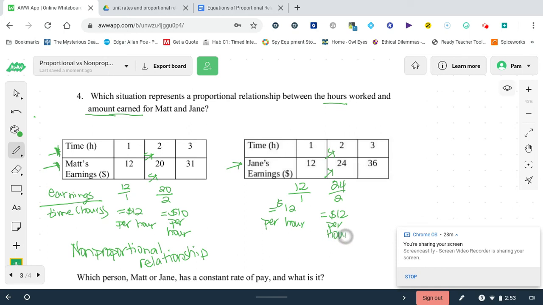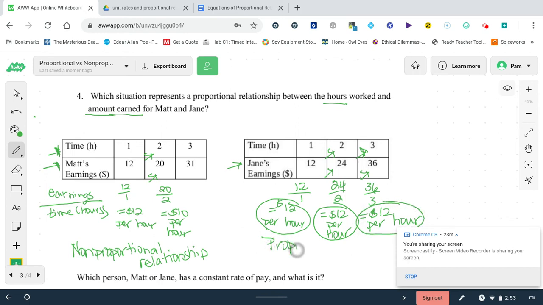It's just divide in your head. $36 for 3 hours, so 36 divided by 3 also ends up being $12 per hour. So as you can see, since all these ratios are the same, this represents a proportional relationship.